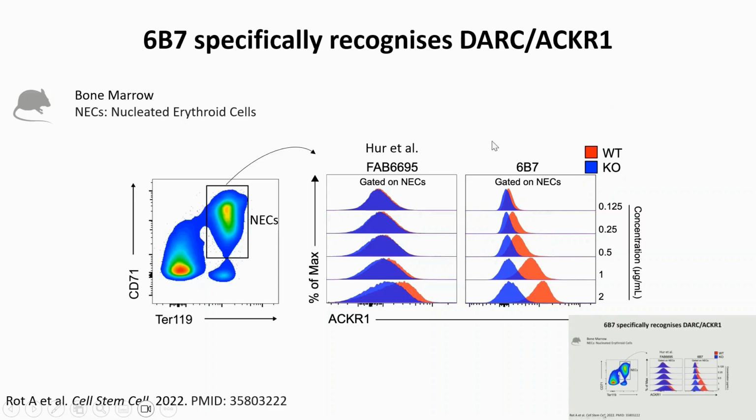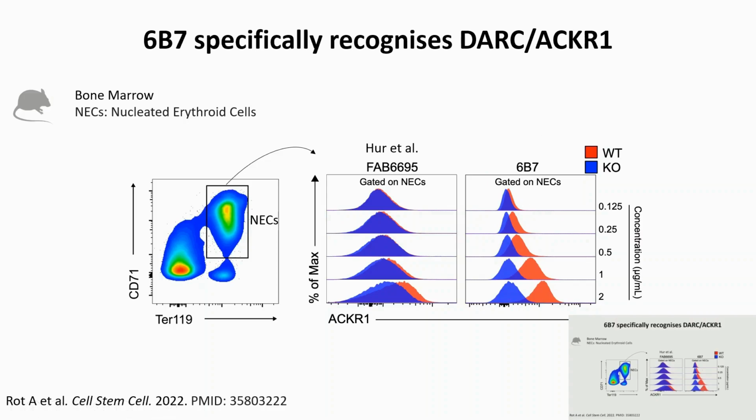In contrast, with 6B7, the signal was really clear in the wild type and completely absent in the knockout cells. This demonstrated that the 6B7 antibody is specific and recognizes only ACKR1.